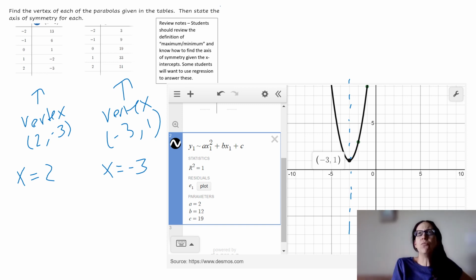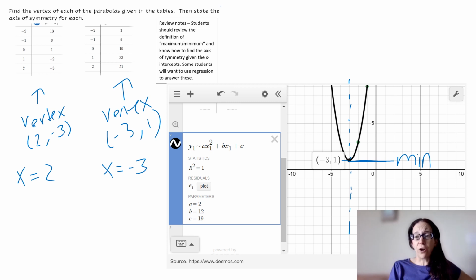I think most of you know intuitively what those words mean. Specifically, though, when it comes to a parabola, the maximum or the minimum is the highest or lowest y value, because they're either going to go up forever or down forever. Max and min have to do with the y value.